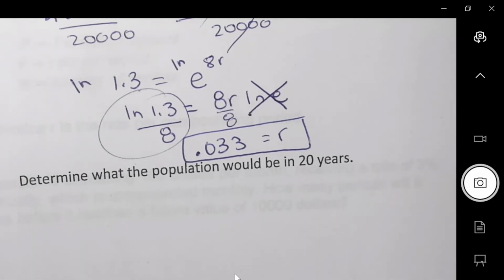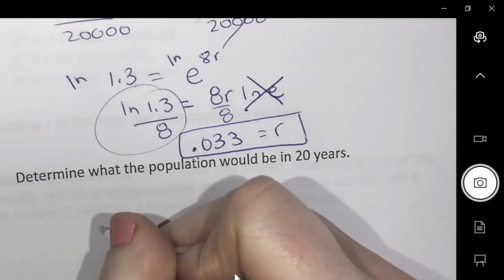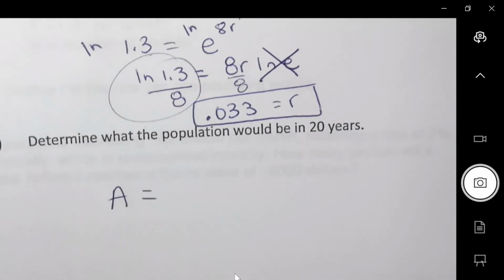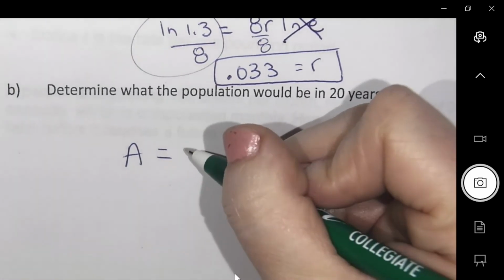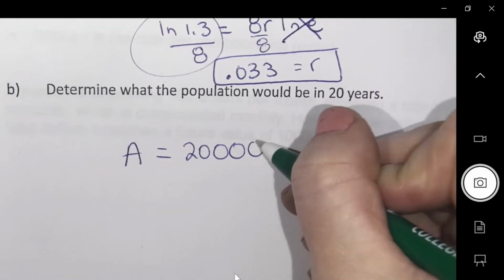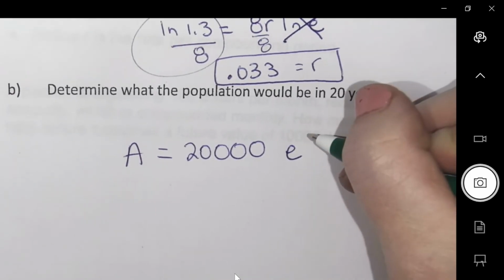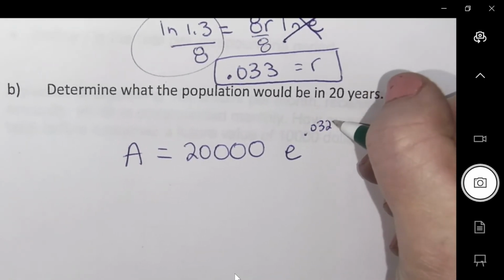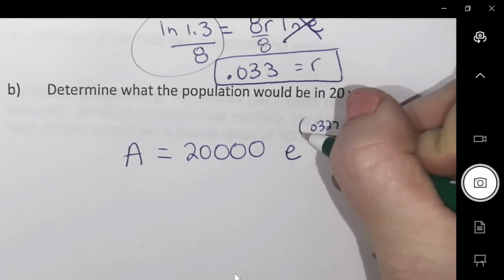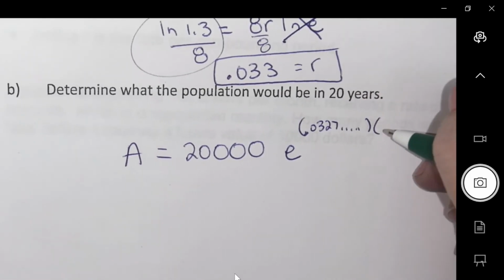Okay, what's the population in 20 years? So the population, it started at 20,000, e to the r times t.